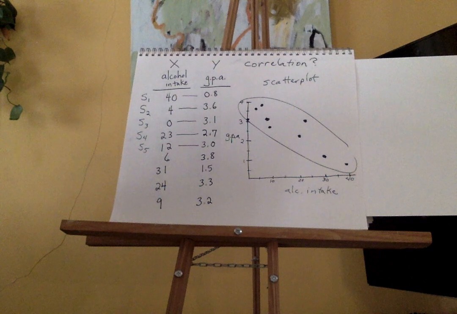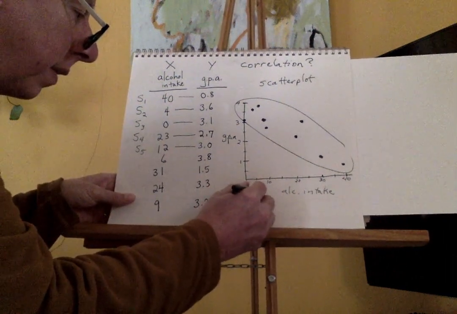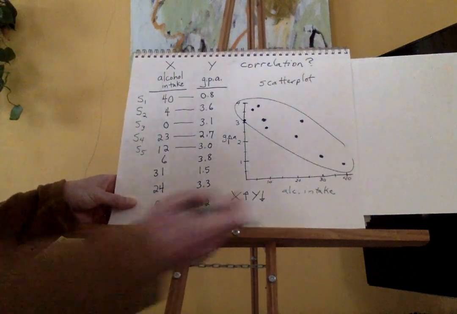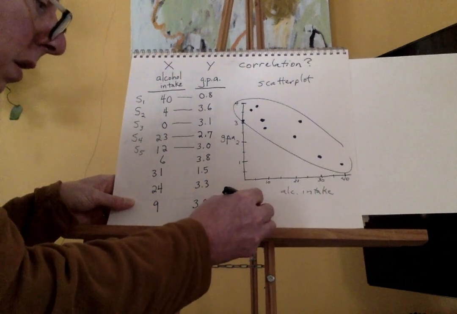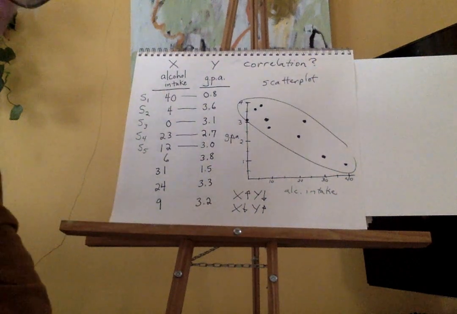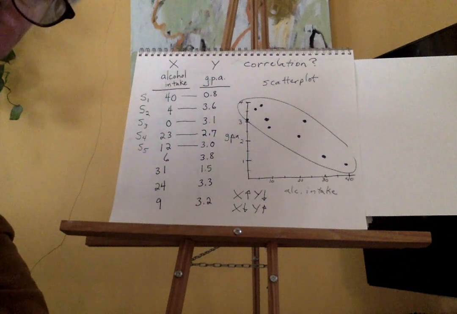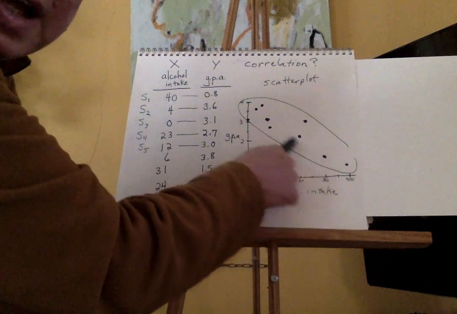But in general, we see this relationship where as x goes up, y goes down, okay? Or we could say for lower x values, we see higher y values, okay? And if you remember from algebra or some other math course that you've taken, this would be referred to as a negative slope.